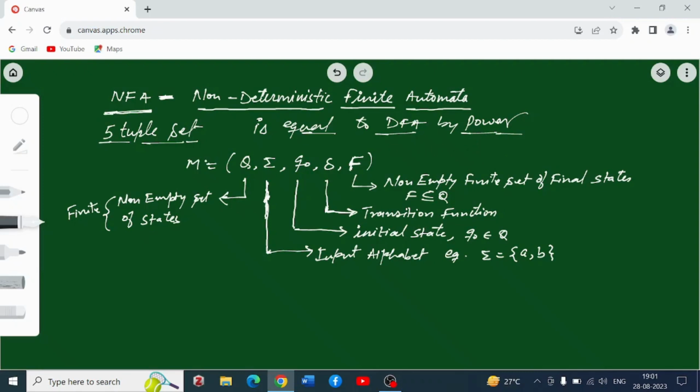In the 5 tuples of this NFA, let's say this is tuple number 1, second tuple, third tuple, fourth and fifth tuple.